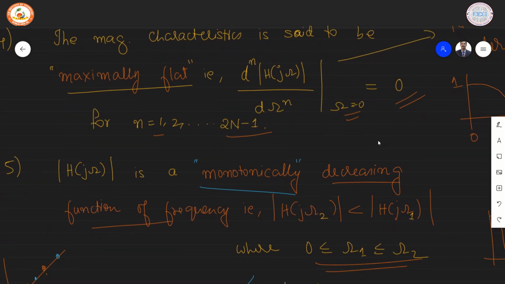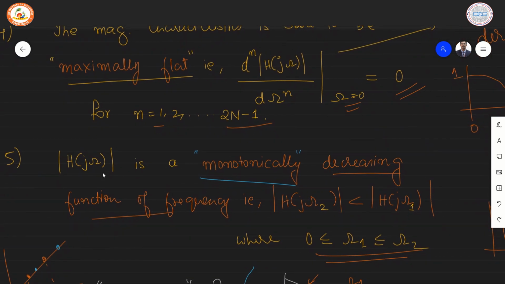Fifth point, the magnitude of H(jω) is a monotonically decreasing function of frequency. That means that if you take the gain at a pair of frequencies denoted as omega 1, omega 2, we find that the magnitudes at the respective points are |H(jω2)| and |H(jω1)|.